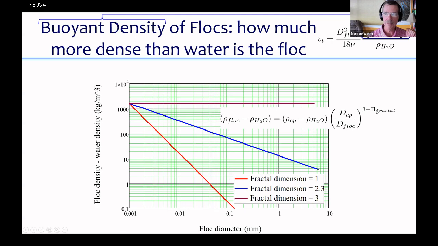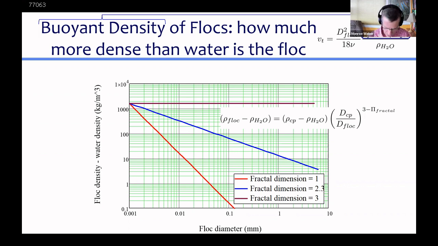There's 3 minus D fractal, that's 0. And that means that there's no influence of the diameter of the flock. That's because the flock is always just solid. It's clay particles that are right next to each other, tight up against each other, forming a sand grain as they grow bigger. So that's fractal dimension of 3. And then as you decrease the fractal dimension, the resulting flock gets less and less dense, and it's dramatic.